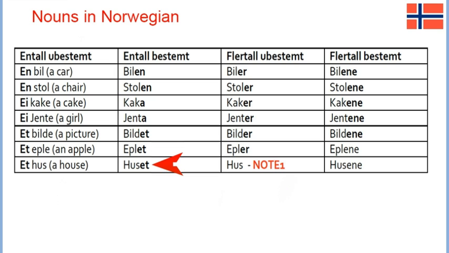Generally, you will not meet it too much, but this exception is not too rare, and that is neutral words with one syllable, et hus, as opposed to eple or bilde, et hus, or for example a child, et barn, etc. The plural indefinite forms don't have an ending. That's the same as singular indefinite, et hus, and plural indefinite, hus.